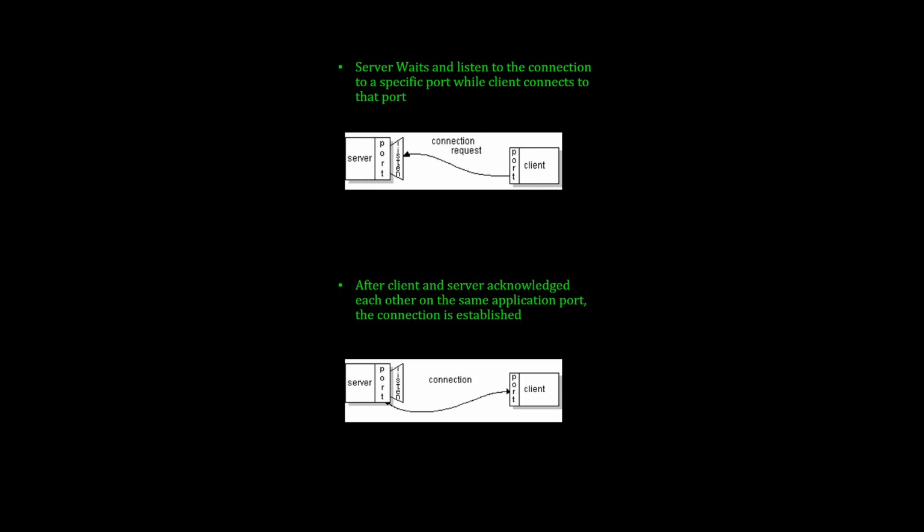I got this kind of scenario from the Oracle website. It's pretty simple. The server listens on a specific port number. I assume you already know what a port number is. When the client makes a request to the server, and the server accepts the connection, and they both acknowledge it, the connection is established.